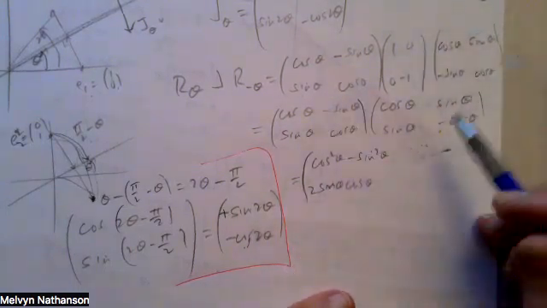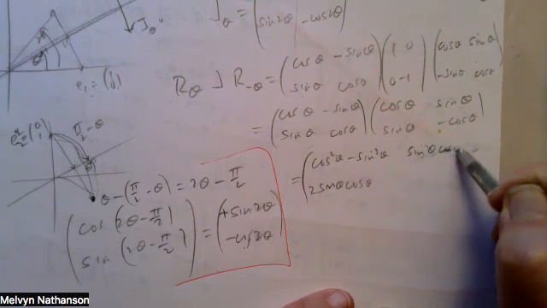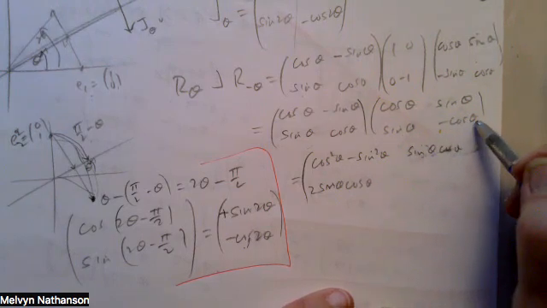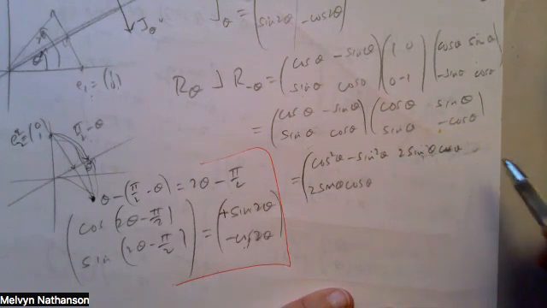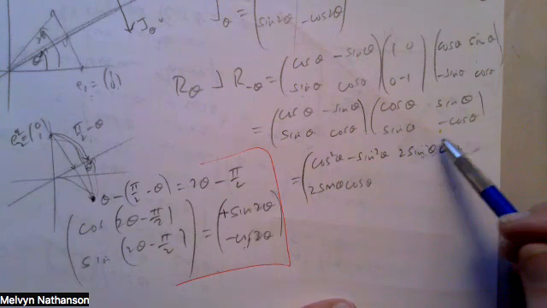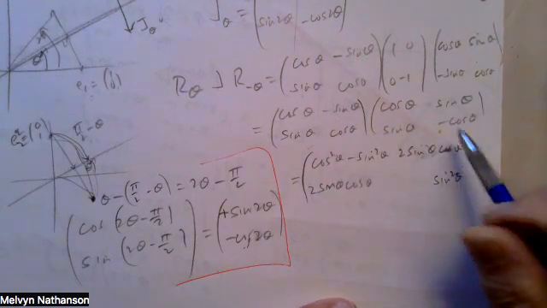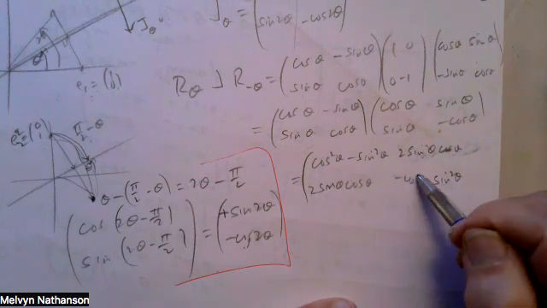First row, second column is sine theta cosine theta plus another sine theta cosine theta, makes that 2. And second row, second column, I have sine squared theta minus cosine squared theta.